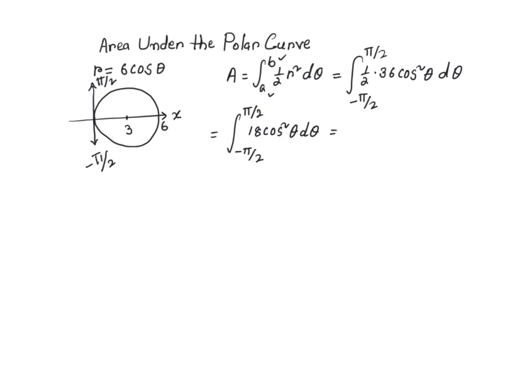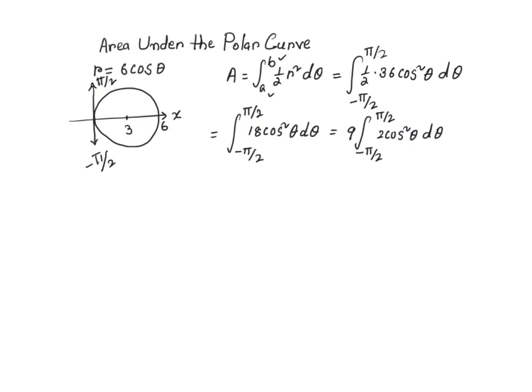Now this I'm going to break apart, so I'm going to take a 9 outside. You will see why. Negative pi over 2 to pi over 2 of cosine squared of theta d theta.